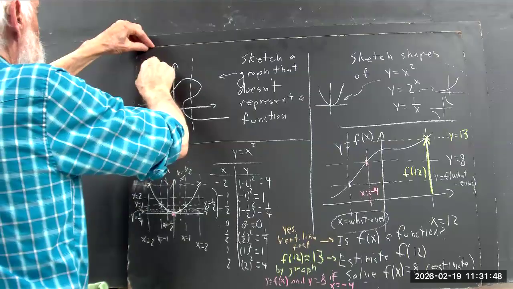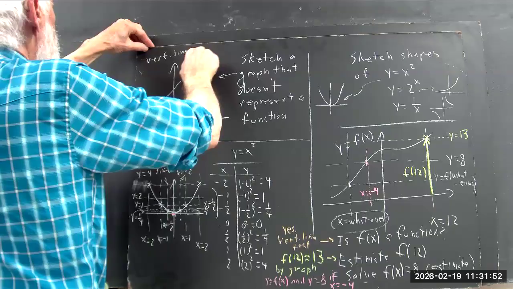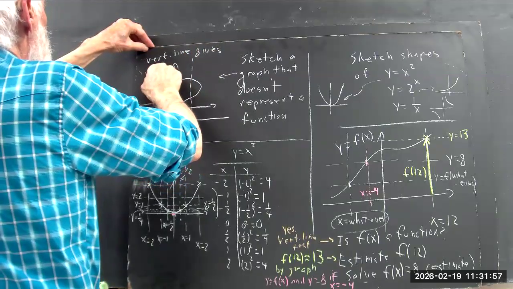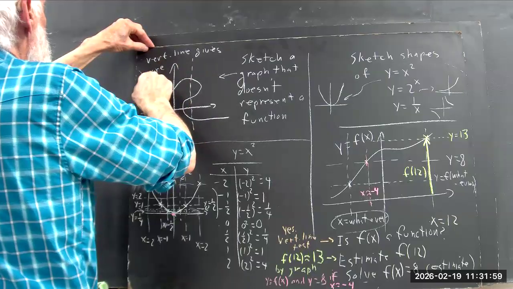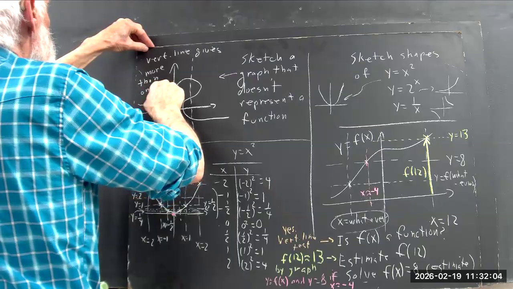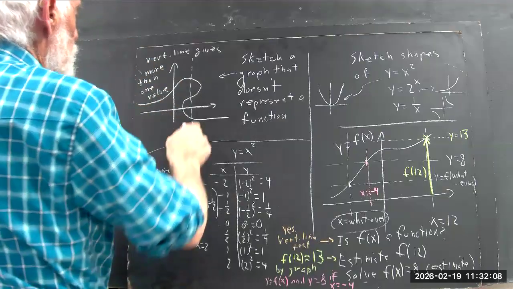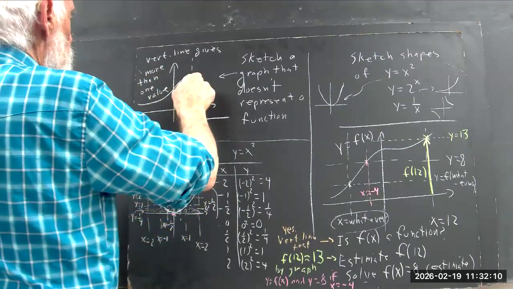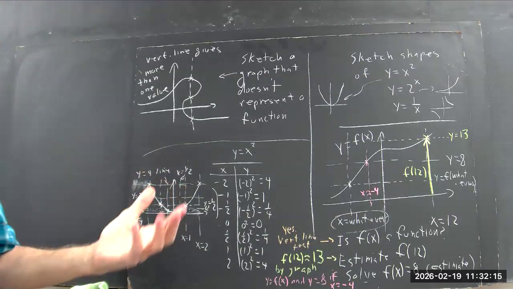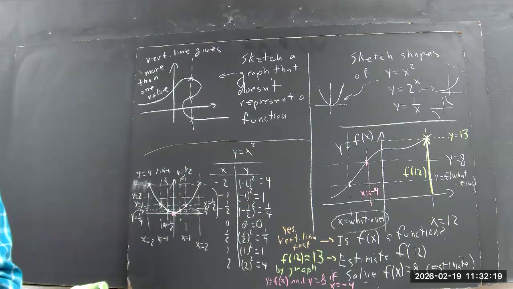I'll say here, vertical line gives us more than one value. It actually gives us 3 values. We've got a value here, and a value here. Which one is it? You can't answer the question, which one is it, unless you have more information. This is not a function. Okay?